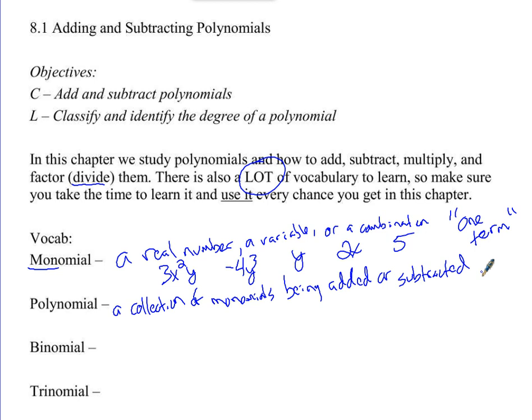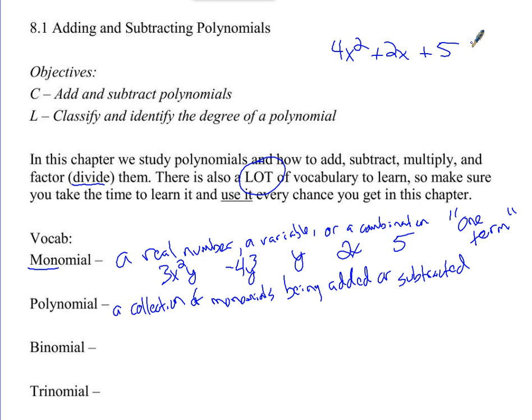So for example, 4x squared, that's a monomial. But as soon as I put on a plus 2x, that 2x is also a monomial, but now they're being put together by addition. That makes it a polynomial. If I put in a plus 5, I still have a polynomial. I just have one more term.